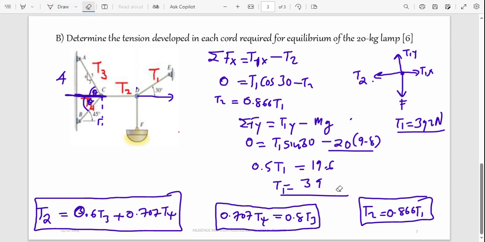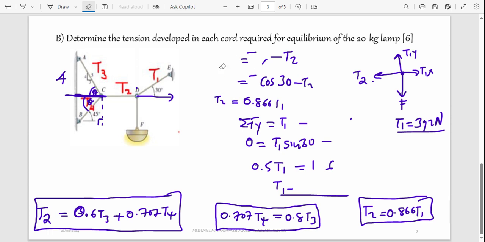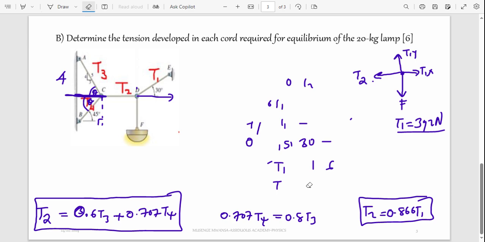The next thing we should be able to find is T2. How do you find T2? Go to the third equation, which is written down here, where there is T1, we are going to substitute the value that we have just found.